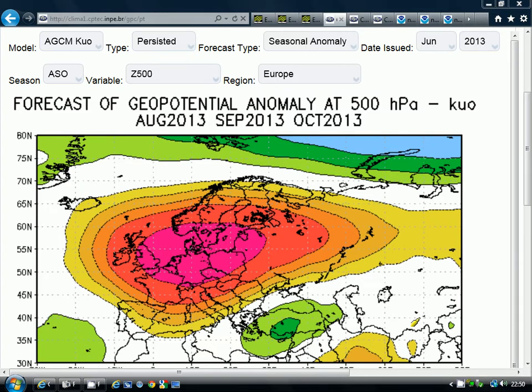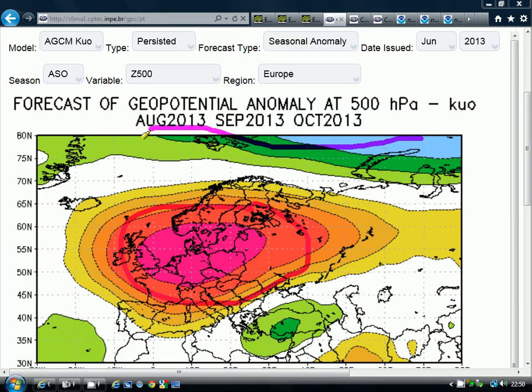Well, this is a bit different. Below average heights on this 500 millibar map are actually the orange and pink colours. So this area here is a big area of anomalously below average heights. And of course the green and blue areas will be above average heights, which we see up here.